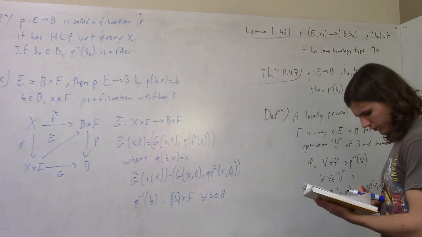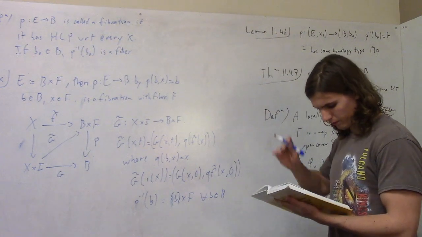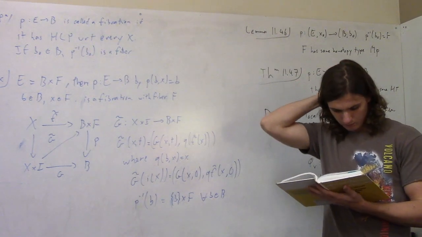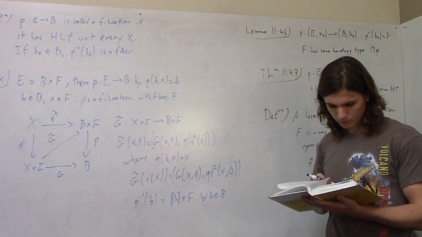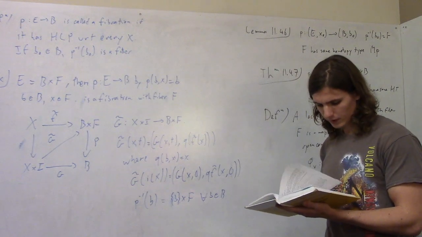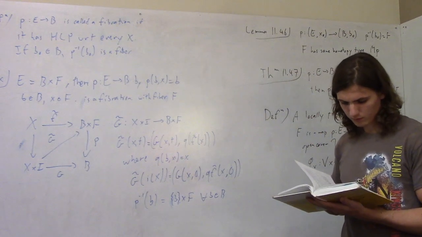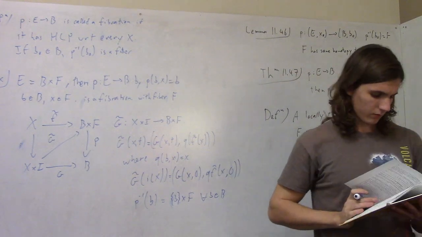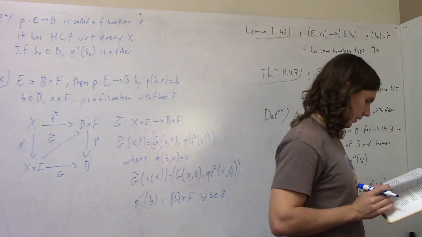Okay, then we get to the Hopf fibrations. So the covering space is kind of a silly bundle, right? It's just some sort of discrete space glued over each point. The fibers are homeomorphic discrete spaces.